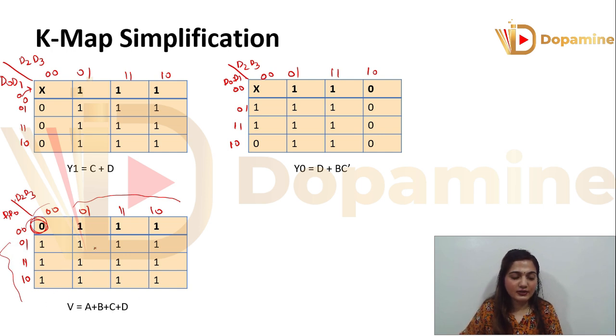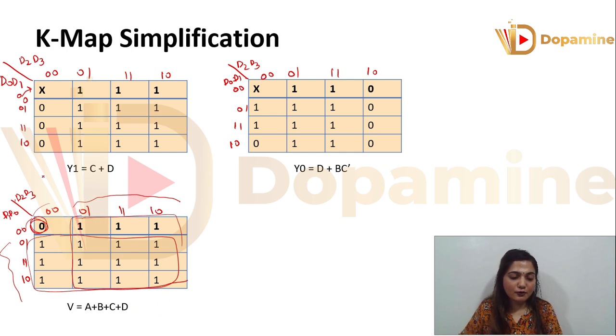So in all of the other cases, we are going to get 1. So you will simplify it and you are going to get V as A plus B plus C plus D. You are going to make the highest grouping. So you can see like this, we are going to make, like this we are going to make. This is how you are going to get the highest grouping, and you are going to get A plus B plus C plus D.